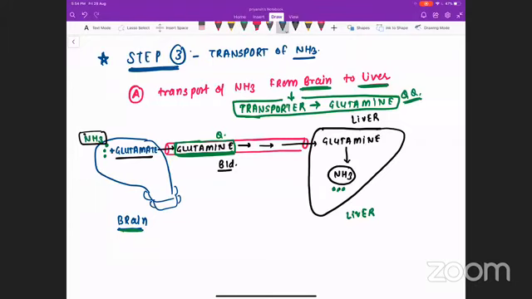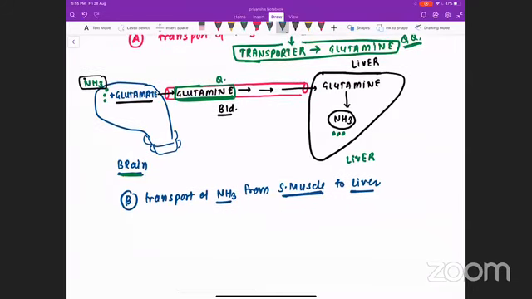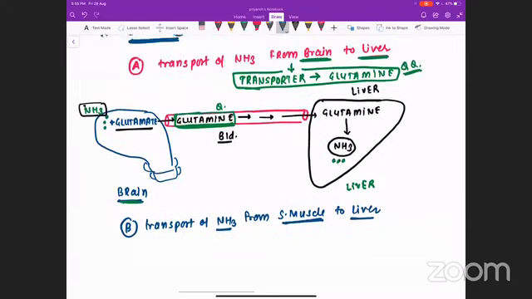In the second example, we are going to discuss transport of ammonia from skeletal muscle to liver.